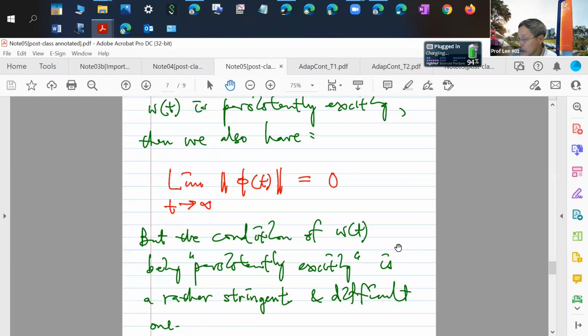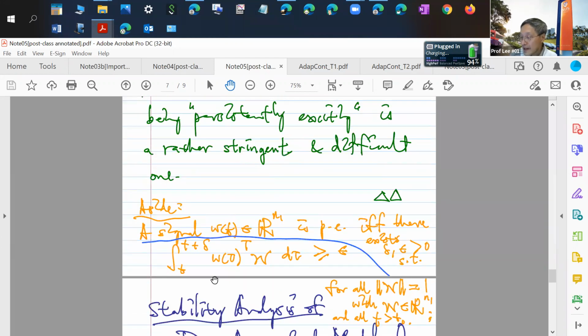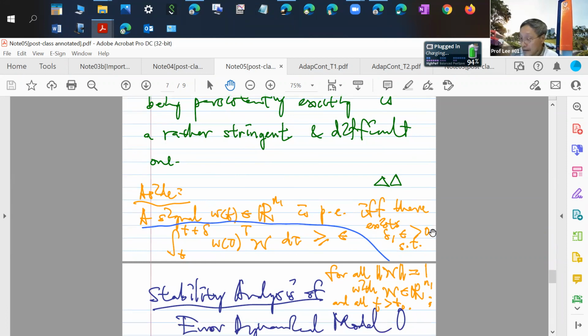It says this: if you tell me you have a set of N1 signals, and you want to say they are persistently exciting, then because these are derived signals, it is not so easy to show. But basically the definition is like this.